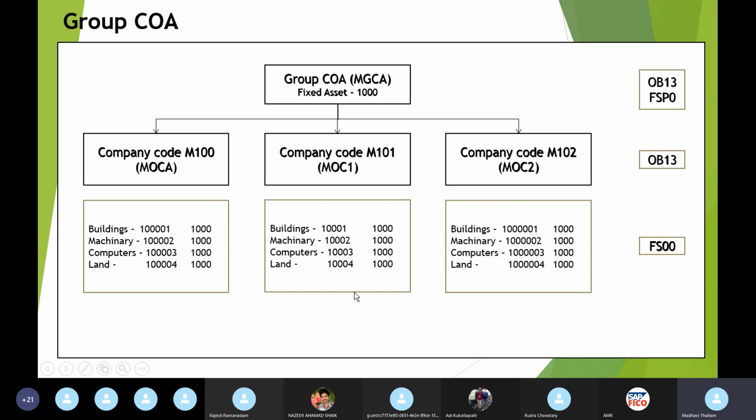So this is my second company code. I assign the group GL account, and here also I assign the group GL account to all the operational COA. After finishing this, if we see the group COA, we can create 12 GL accounts including all.